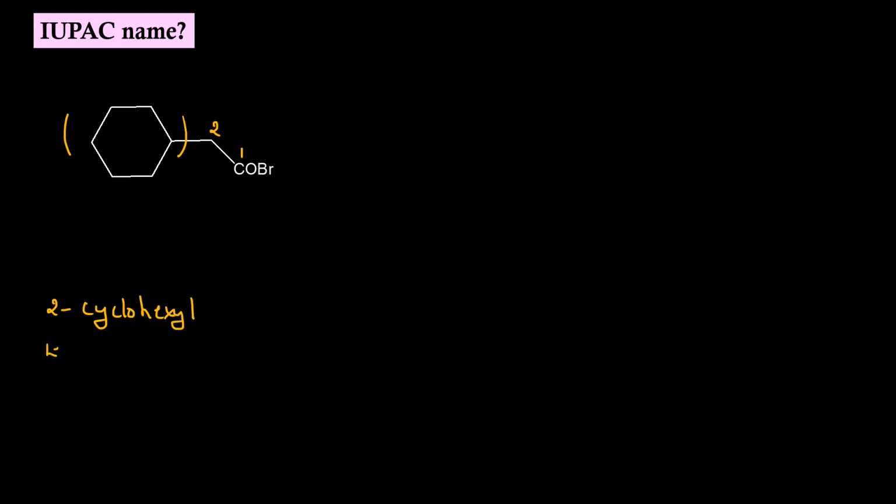Root word is eth. Between the carbon atoms we have single bond, so ane. Secondary suffix will be oyl bromide. E of the primary suffix has to be dropped. So the IUPAC name will be 2-cyclohexyl ethanoyl bromide.